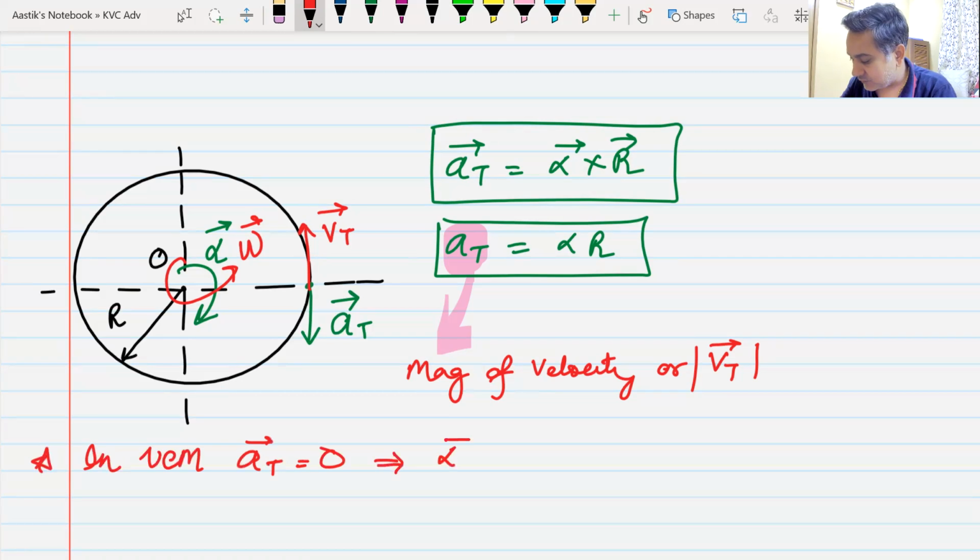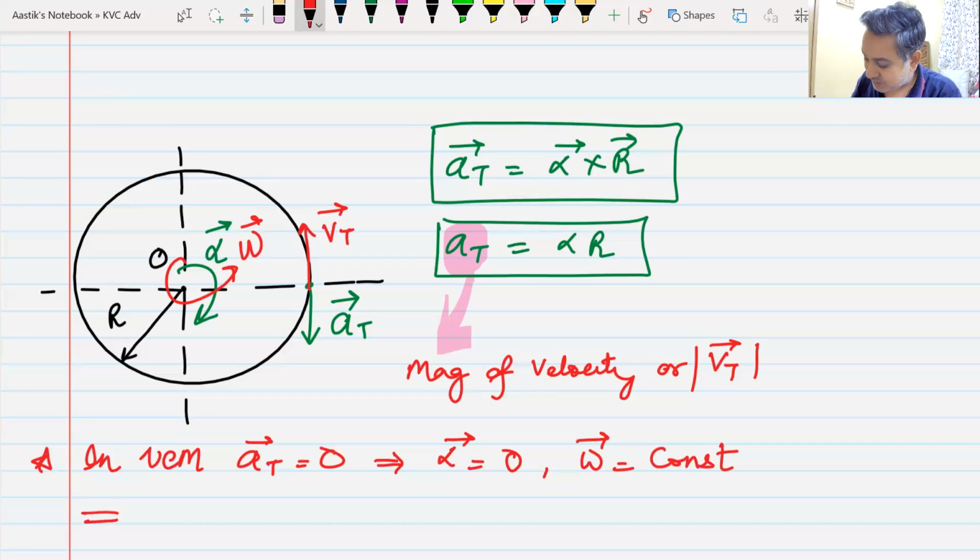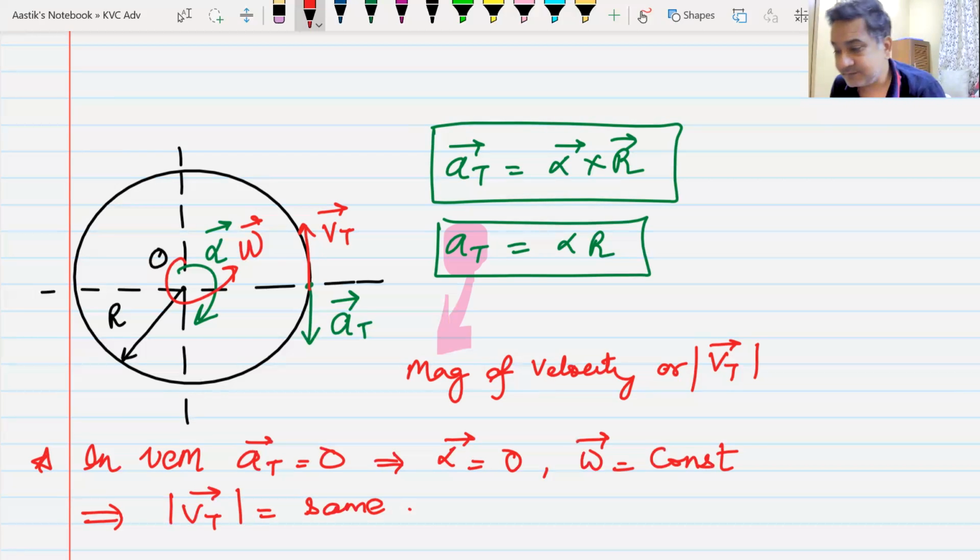That implies alpha is 0. That implies omega is constant. That implies the magnitude of tangential velocity remains same. But even if the magnitude of tangential velocity remains same, one thing is definitely changing. What is changing?